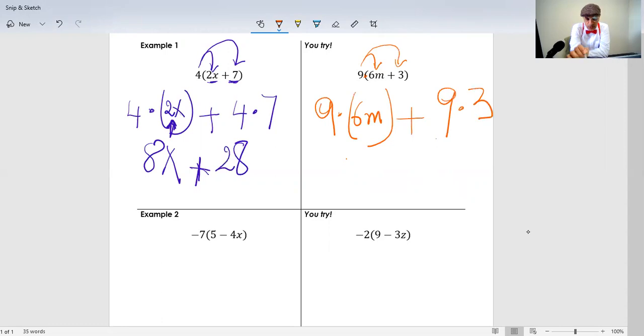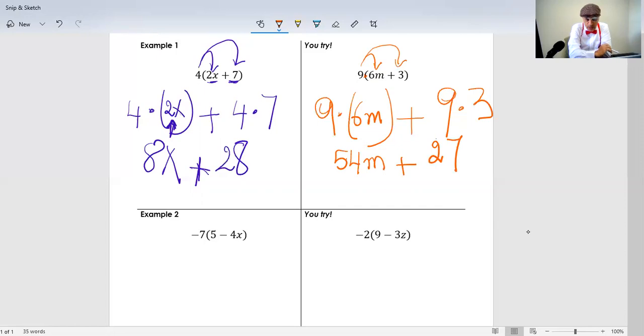And here you just multiply the number with the coefficient, the 9 and the 6. So 9 times 6 is 54, and you keep the m, plus 9 times 3 is 27.